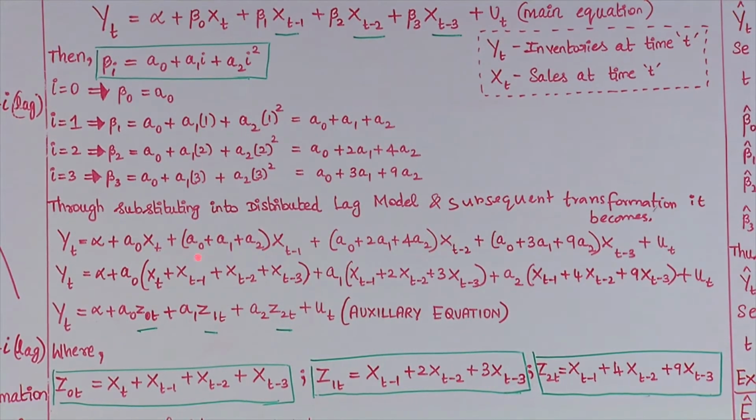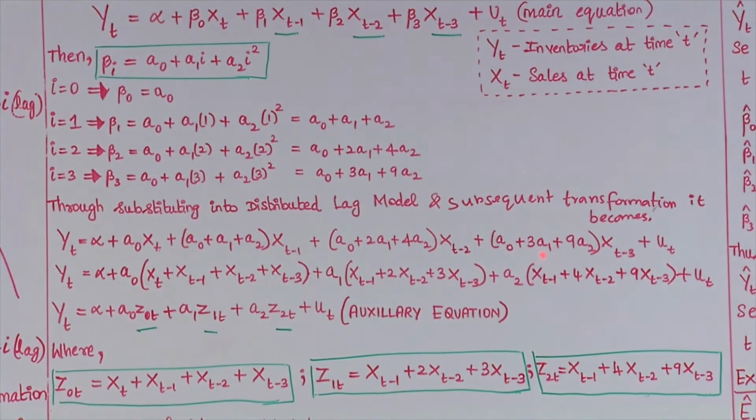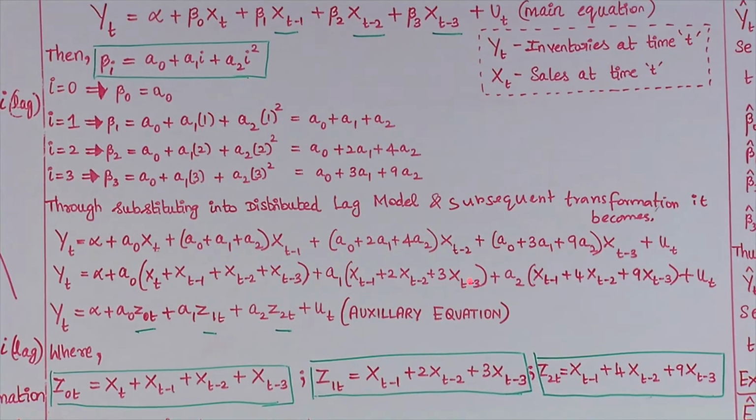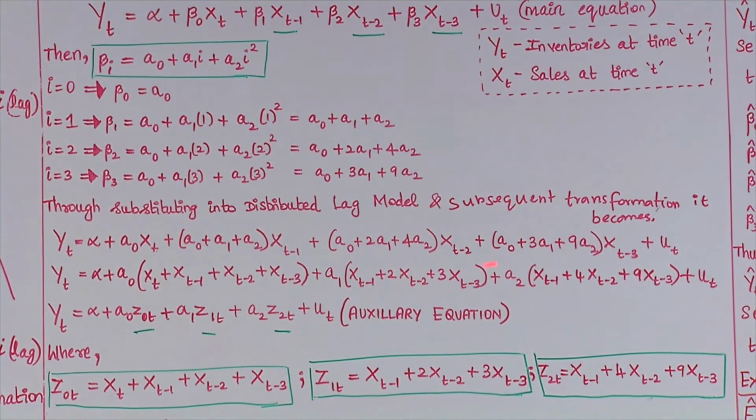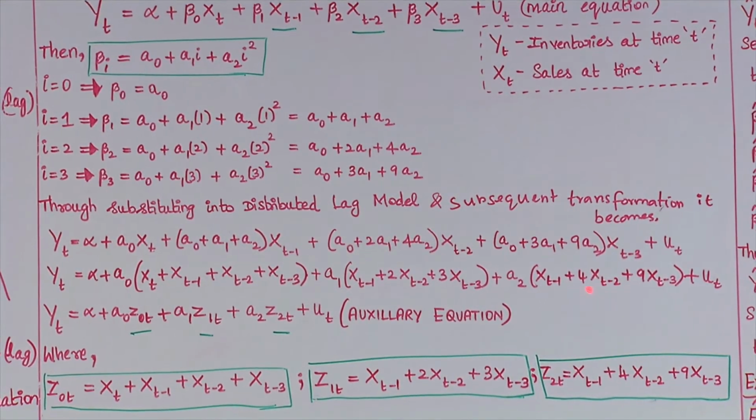Similarly, you can collect all the terms which have a1 as coefficients. You get another expression like this, a1 xt minus 1, and you get here another term 2 xt minus 2, and here 3 xt minus 3. So you have got the second term, and you have got the third expression.